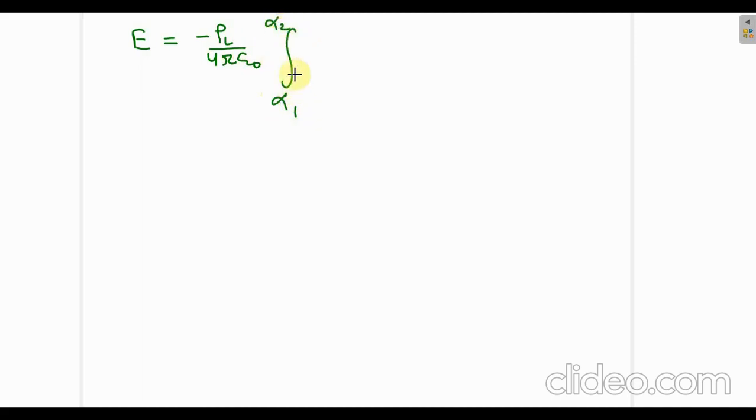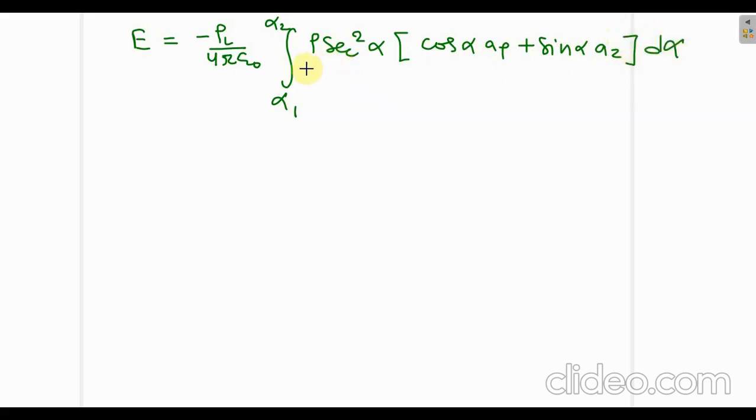These are the two extremes of the line charge. And then we'll write rho sec square alpha (cos alpha a rho plus sin alpha a z) d alpha upon rho square sec square alpha.